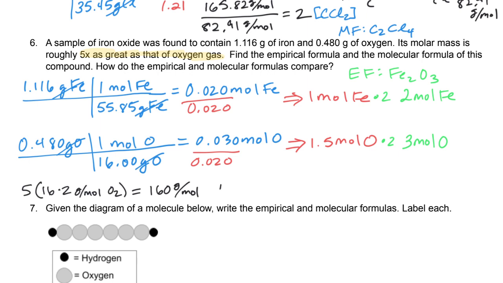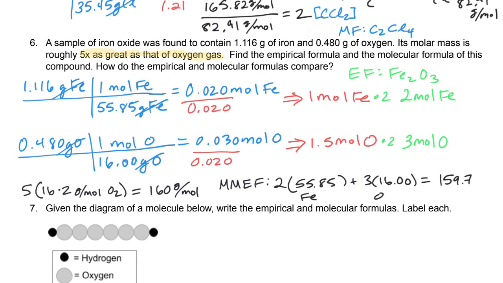Now we need to figure out the molar mass of our empirical formula so we can compare them. Remember that is Fe2O3. So we take 2 times the molar mass of iron, which is 55.85, and we add 3 times the molar mass of oxygen, 3 times 16. When we do that, we get 159.7.